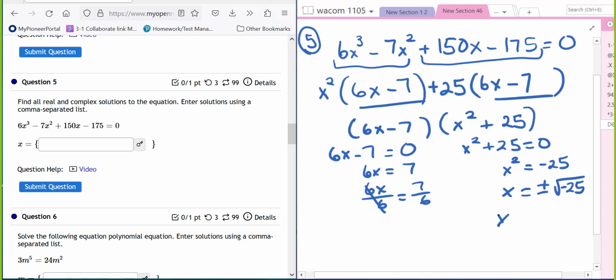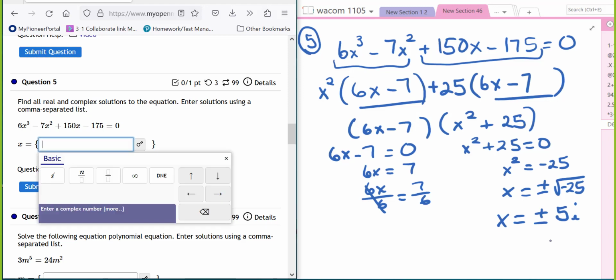So this will be x is equal to plus or minus. 25 is a perfect square, so it's common to just write that 5i. It should accept it if you write i and 5 because they're multiplied, but this is standard. All right, so you have 3 answers, 7/6 plus 5i and minus 5i.